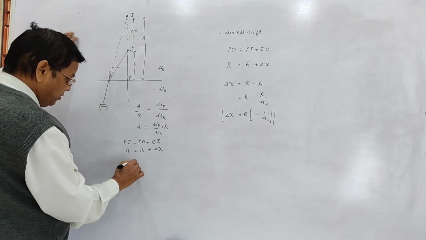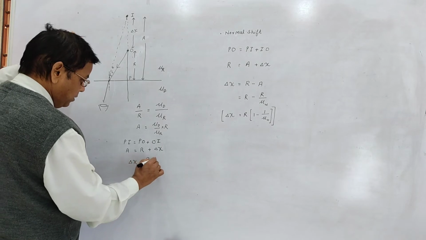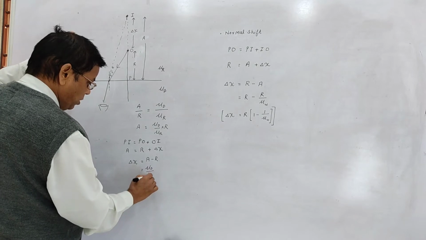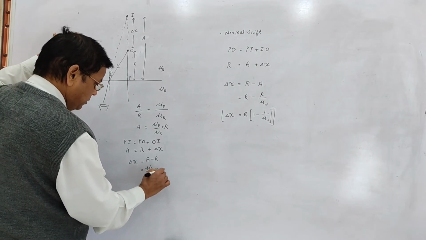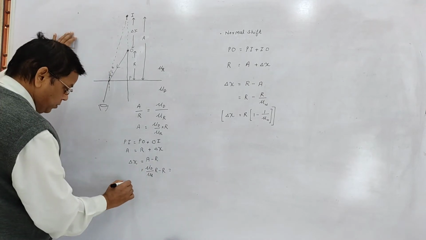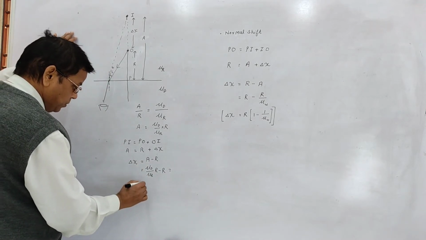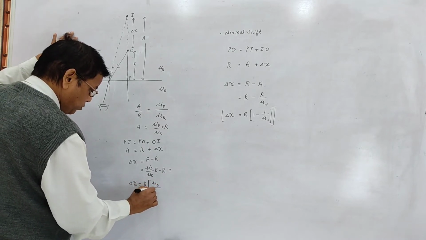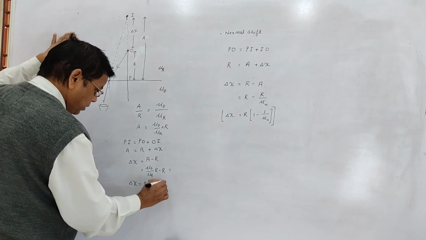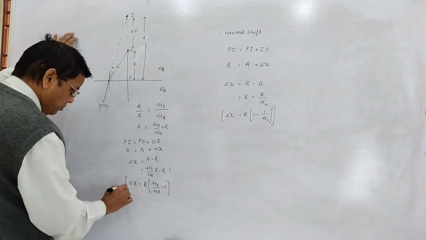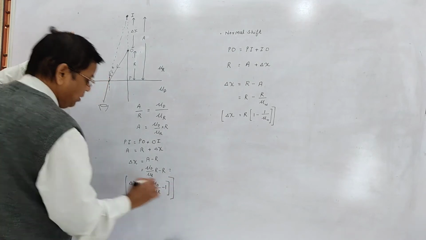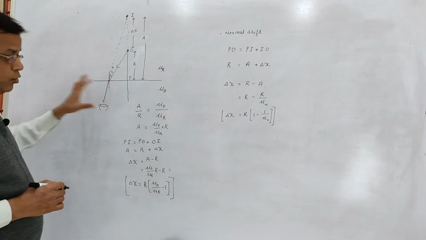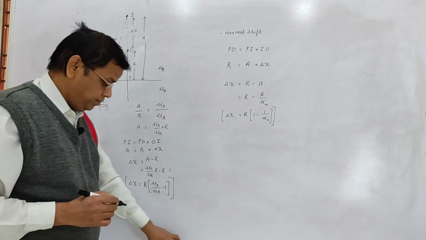So normal shift is A minus R. So it is mu d upon mu r into R minus R, which is R into mu denser medium upon mu rarer medium minus 1. So this is the formula for normal shift when the object is in a rarer medium viewed from a denser medium. So these two expressions should be remembered.